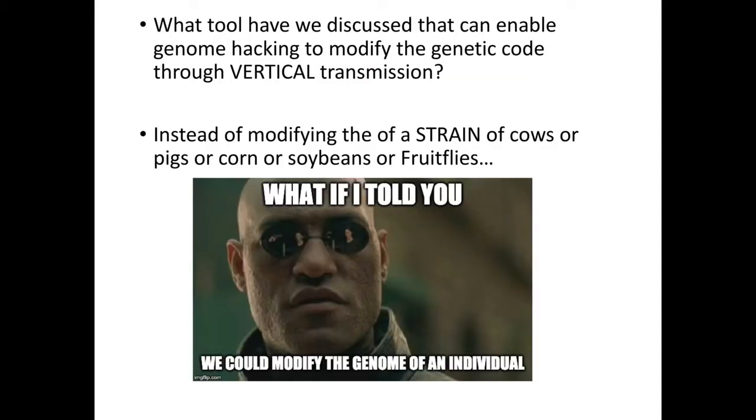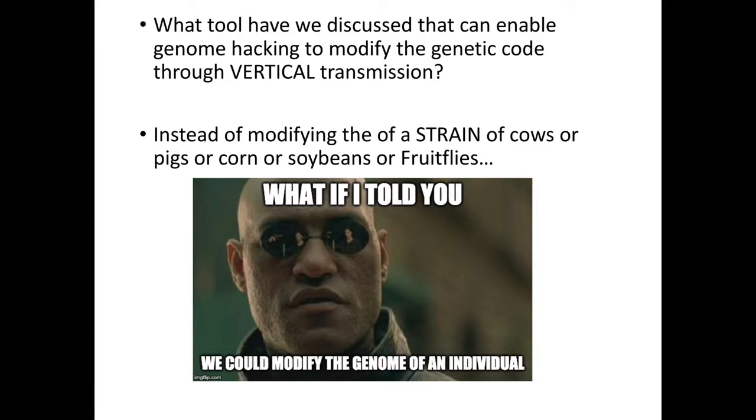Now, what tool have we discussed that can enable genome hacking to modify the genetic code through vertical transmission? The genetic tool that we talked about were transposable elements. Because what you can do is you can genetically modify the germline, right? So there's sort of two aspects of what you can modify in an individual.